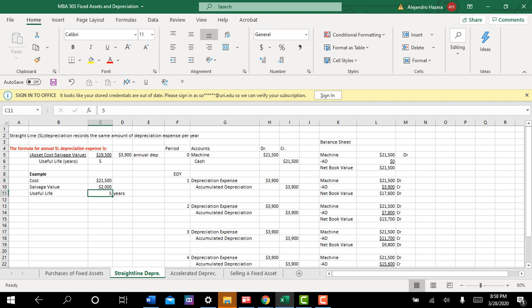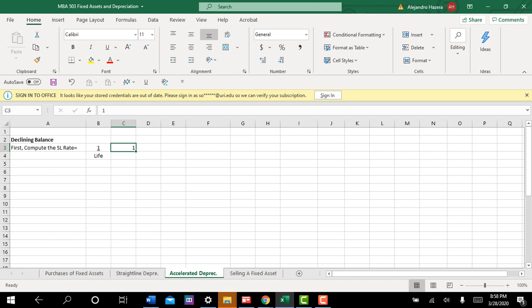So our straight line depreciation rate for this particular asset is 1 divided by 5, or 20%. You're computing the same depreciation over 5 years, it's 20%. So that's our first step in declining balance depreciation.